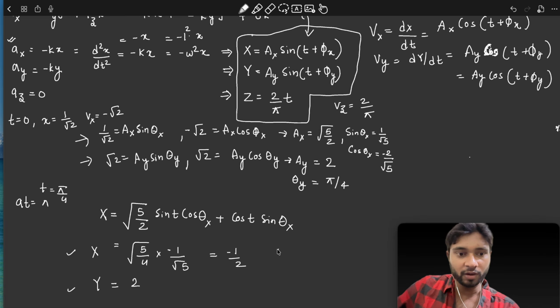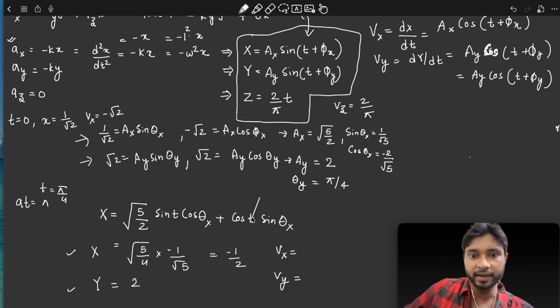Let's calculate what will be vx and vy. We can put t equal to pi by 4 in vx. Okay, so cos(a plus b), again it will be Ax (cos t cos pi by 4 minus sin t sin pi by 4).